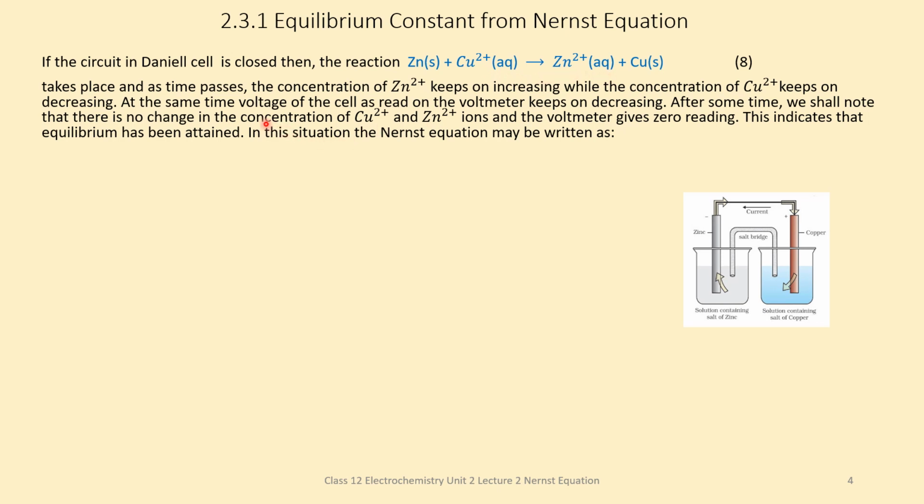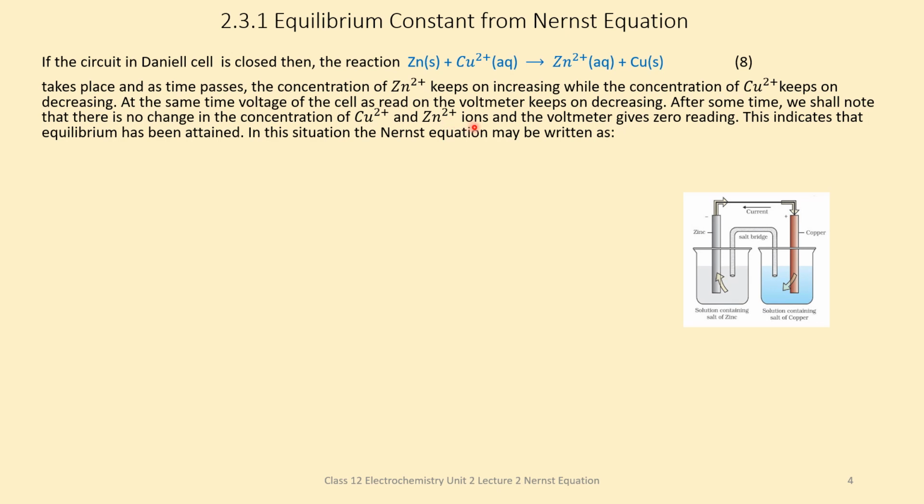At the same time, the voltage of the cell as read on the voltmeter keeps on decreasing. After some time, we shall note that there is no change in concentration of Cu2 plus and Zn2 plus.